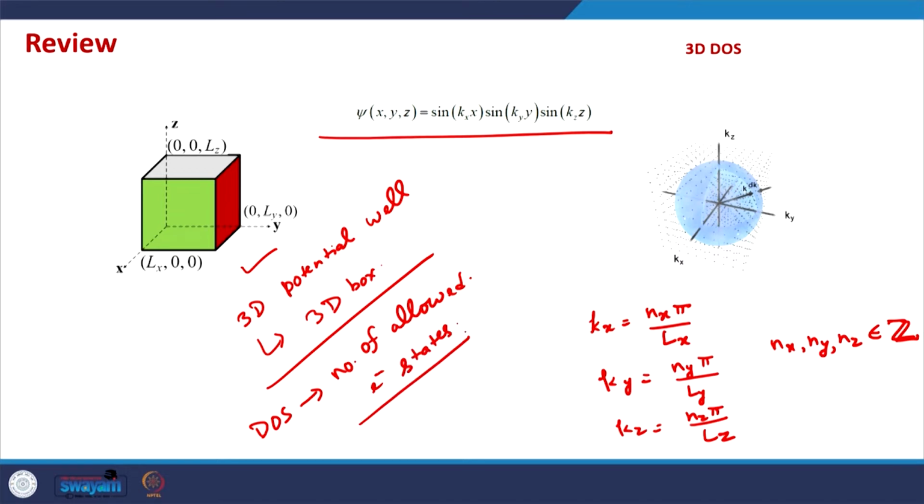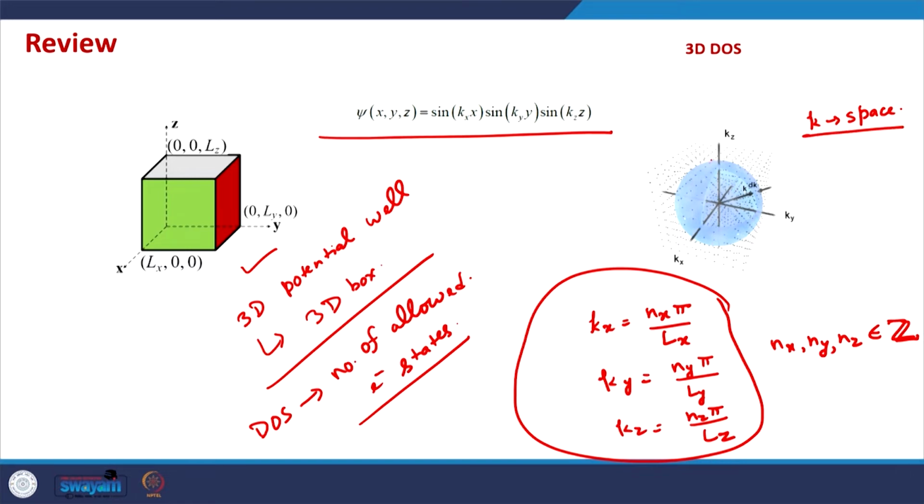The easiest and most natural way of doing that is to calculate the number of allowed combinations of kx, ky and kz points, and that is why we move to k space, which means we plot the allowed k points on the kx, ky and kz axis system, and this is how it looks. Here there are 2 points that we need to make clear in the beginning.